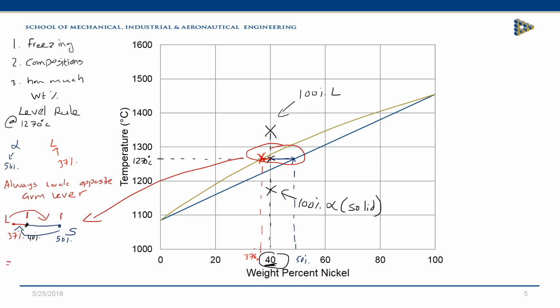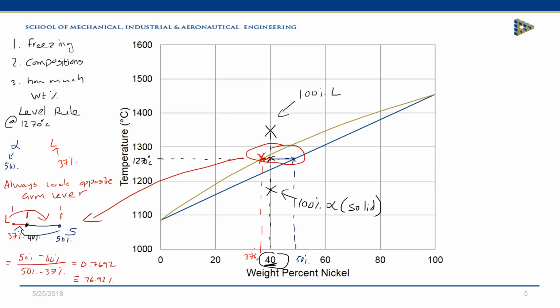In order to use the lever rule, I take my maximum solid composition, subtract my base alloy composition, and divide it by the total length of the lever. That gives me a value of 0.7692, which is 76.92%.